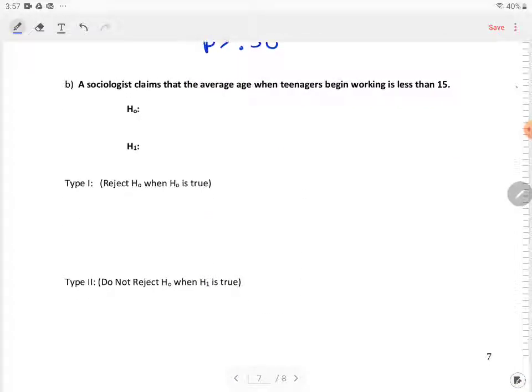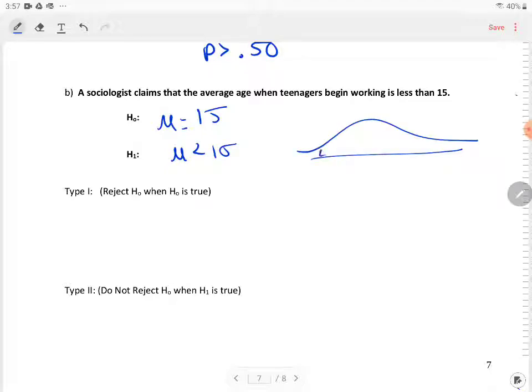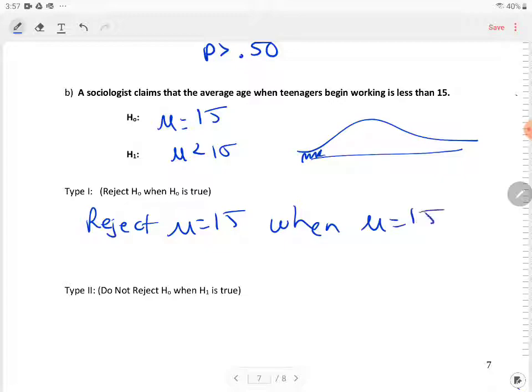A sociologist claims that the average age when teenagers begin working is less than 15. Okay, so we have mu is equal to 15 and mu is less than 15. So again, what would that look like? Reject H0 when H0 is true. You're going to reject mu equals 15 when mu equals 15 is true.